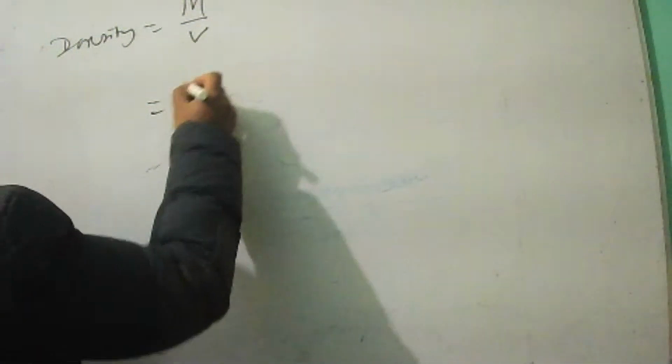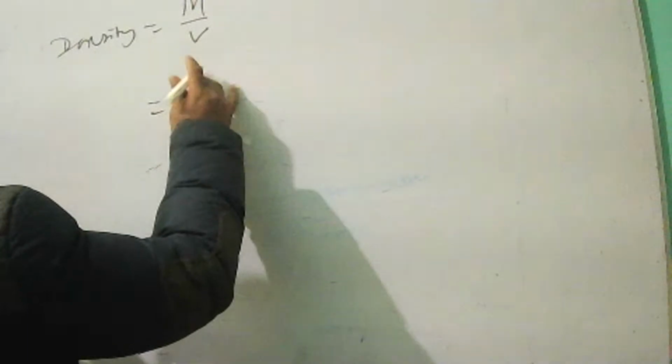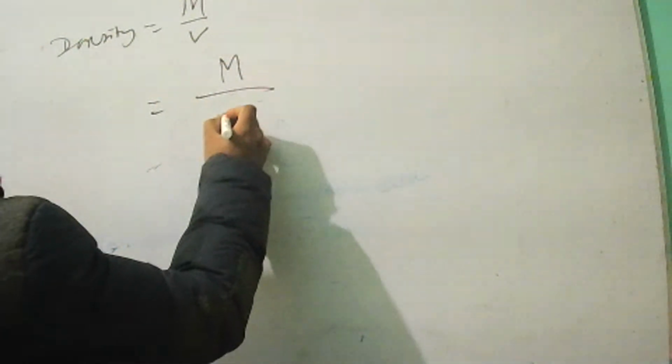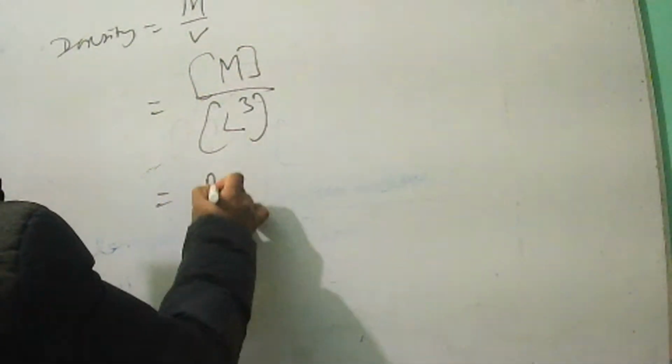So mass we measure in kilogram. So for that, what you write? M. Yeah. And then for volume, L cube. Combine together, you get M L minus 3. This is dimensional formula for density.